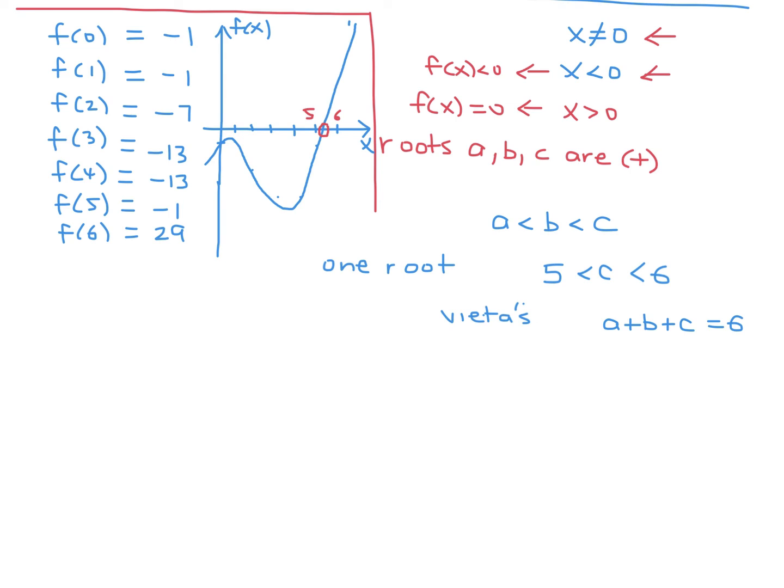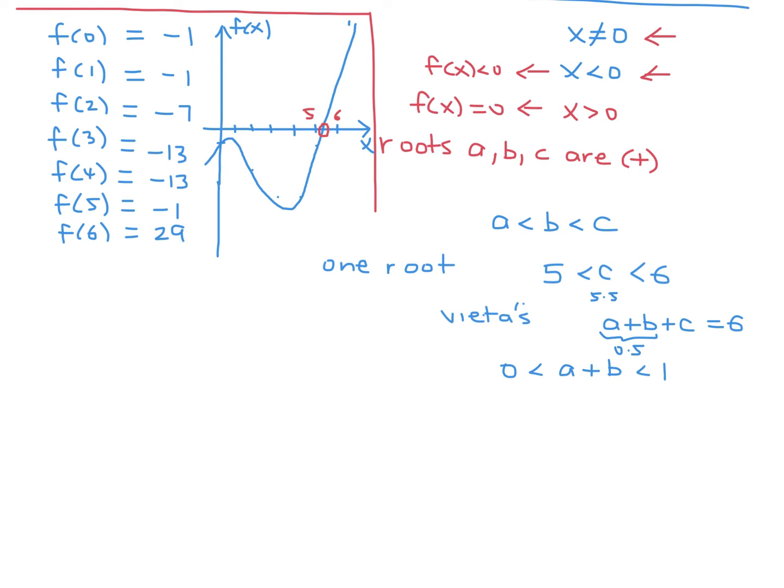So if one root is between 5 and 6, that means the other roots, A plus B, are less than 1 or greater than 0, right? For example, let's say C was 5.5, right? Then that means A plus B has got to be 0.5. So that's why we got this inequality here.